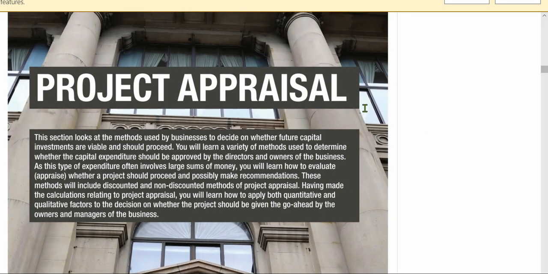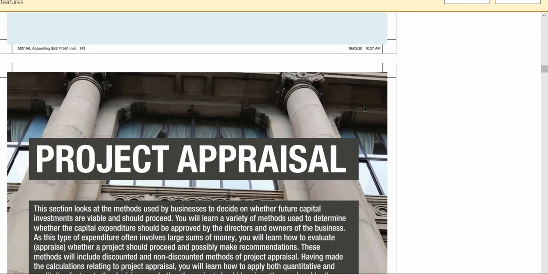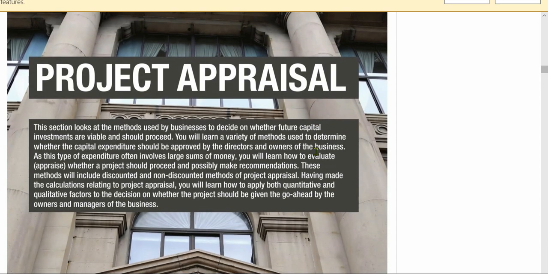Okay, students, so in this class we will start chapter number 8, that is project appraisal. In this chapter we will learn how to accept a particular project, what is the feasibility of the project. We will take decisions about the investment, in which project should we invest our money, and which project will give us the maximum benefit, maximum reward, maximum profit.